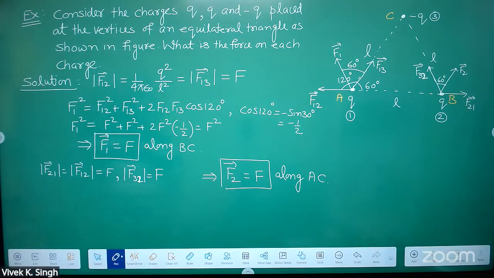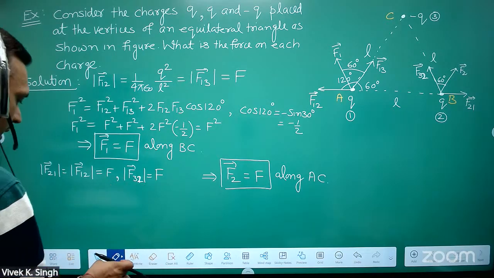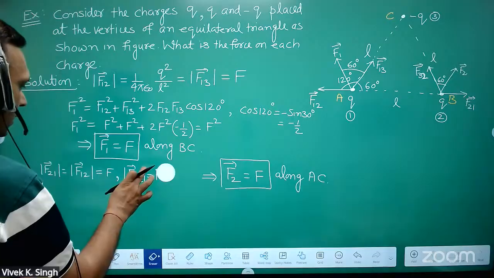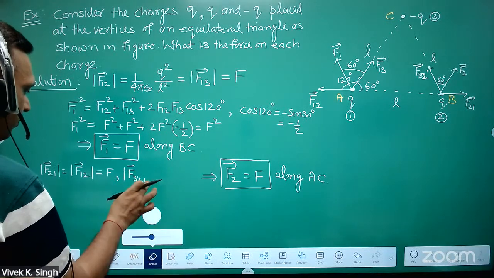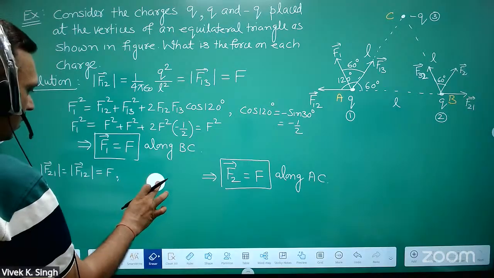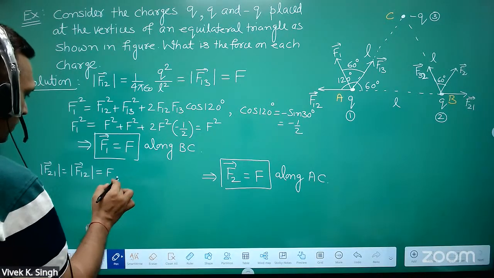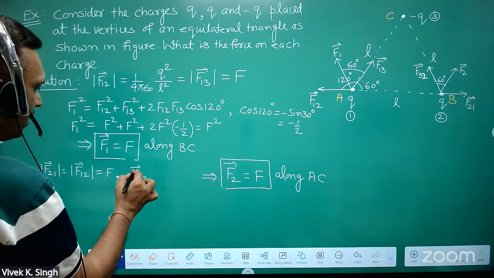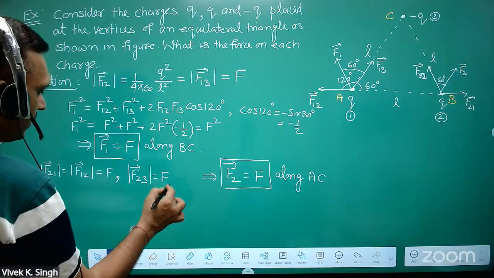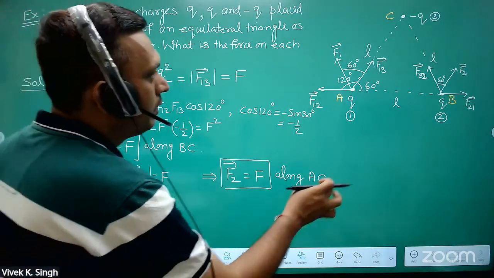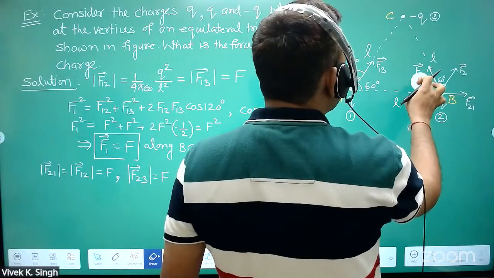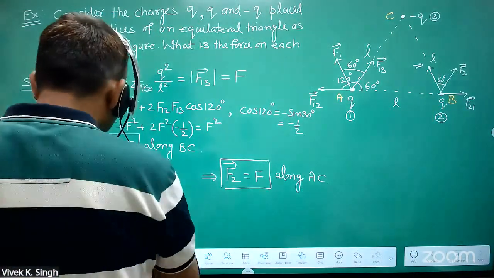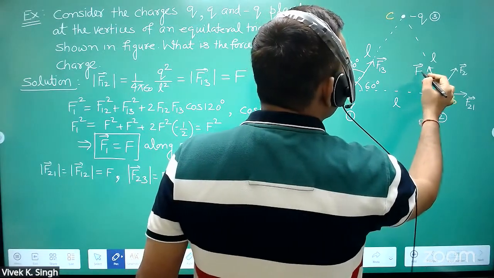Because it is between 2 and 3, you can write it as F23. The magnitude of force F23 is F. You can write this as F23.